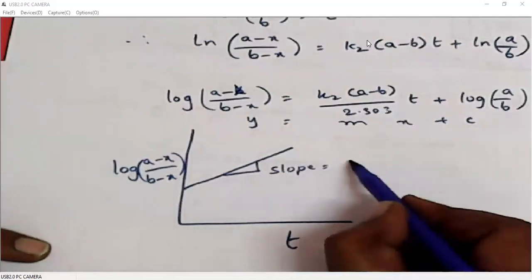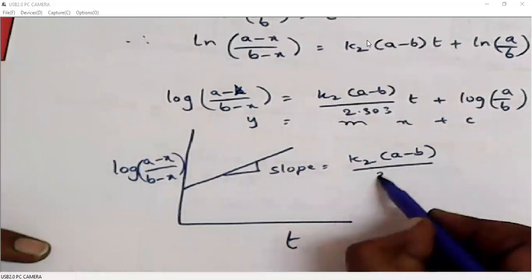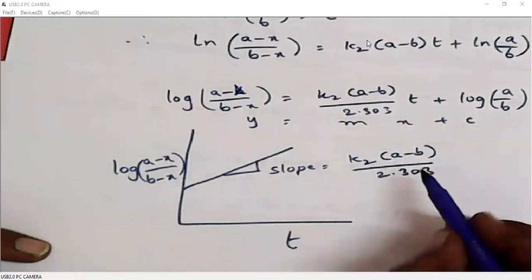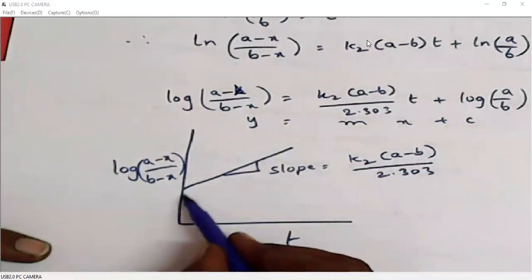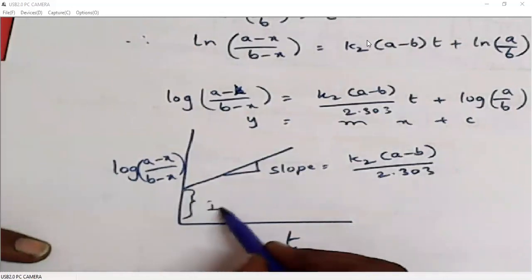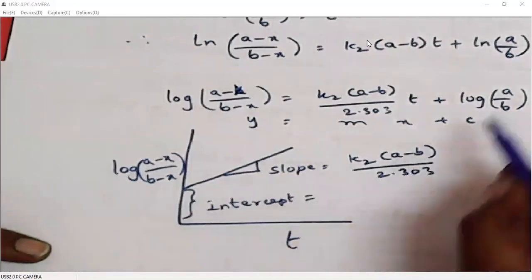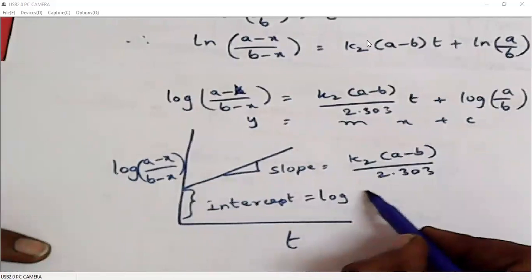Here the slope is k2 into (a minus b) by 2.303 if a is greater than b. If b is greater than a, then k2 into (b minus a) by 2.303. And the intercept here is a constant. What is the constant? Log a by b.